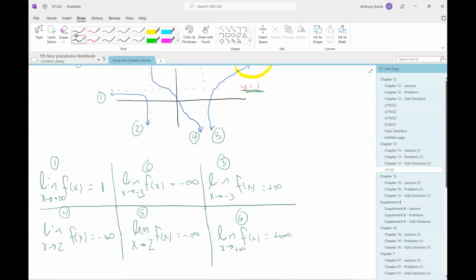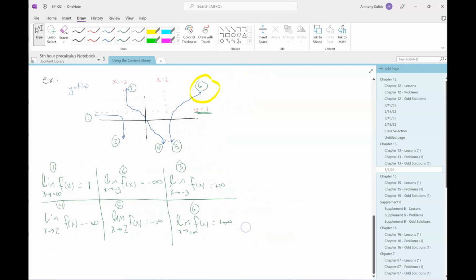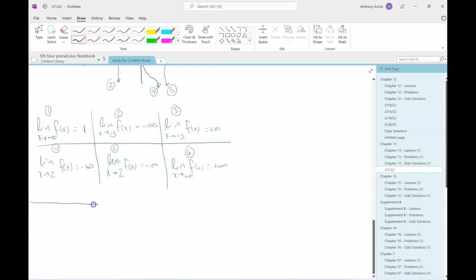Okay, so when we did the end behaviors here, we looked at the graph and used our eyes, right? What if we had asked you to do this numerically instead of graphically?